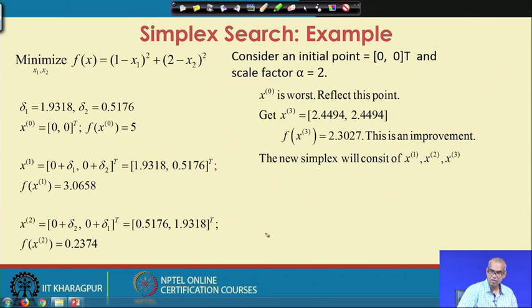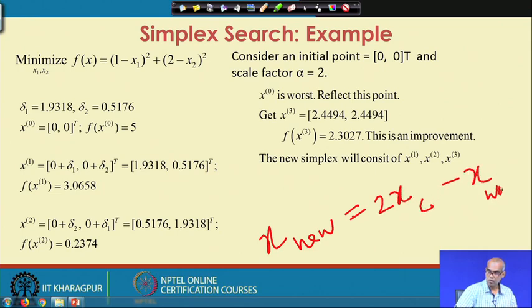We have seen that the new point can be obtained as 2 x c minus x worst. So, x 0 is worst. So, the new point x 3 can be obtained as 2 x c minus x worst, which is obtained as 2.4494, 2.4494.